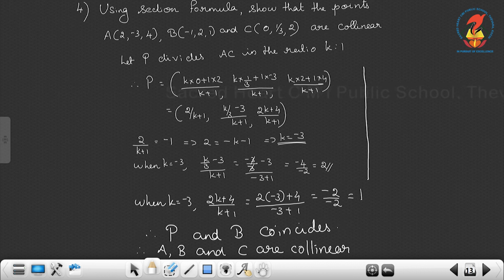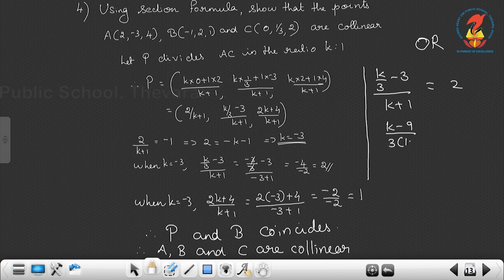K by 3 minus 3 by k plus 1 equal to 2. So k minus 9 by 3 into k plus 1 is equal to 2. That is k minus 9 is equal to 2 into 3, 6, 6k plus 6. Or minus 15 is equal to 5k. So k is equal to minus 3.